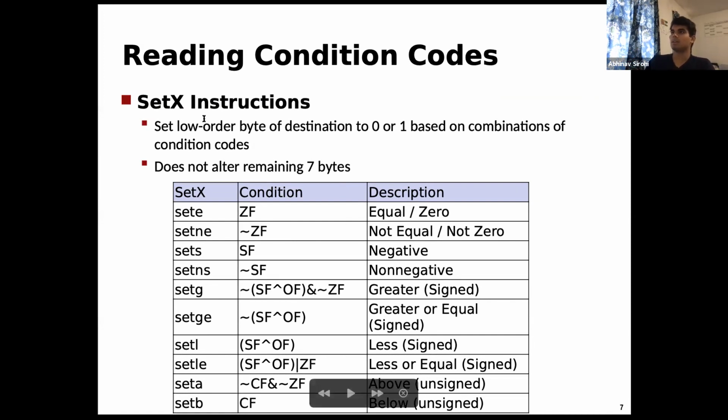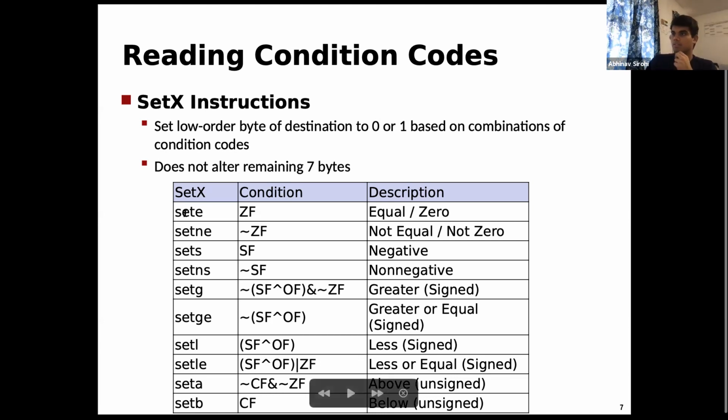So our registers are way bigger than the single bit that the 0 flag or the carry flag need. And so all it does is it alters the lowermost byte. It basically just alters the first bit and sets it to 0 or 1 based on the condition codes, right?